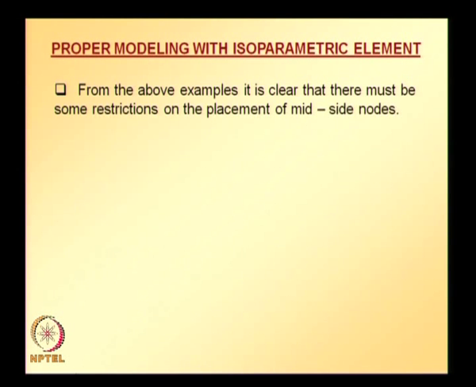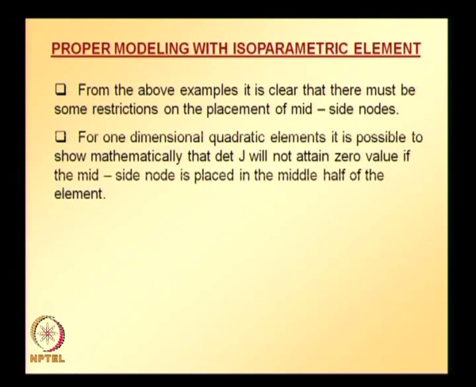From the above examples, meaning the 4 examples that we looked at in the last class, it is clear that there must be some restrictions on placement of mid-side nodes. For one dimensional quadratic elements it is possible to show mathematically that the determinant of J will not attain 0 if the mid-side node is placed in the middle half of the element.